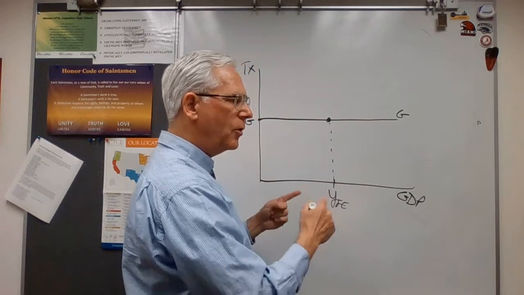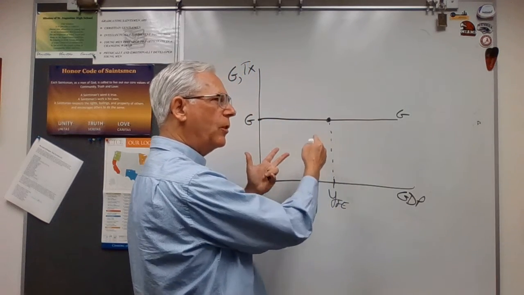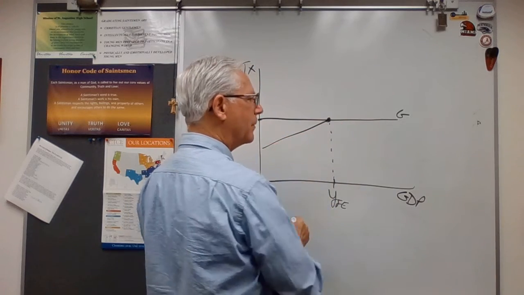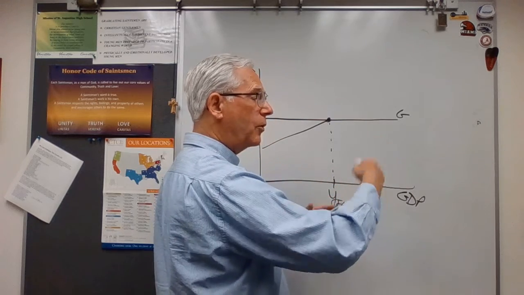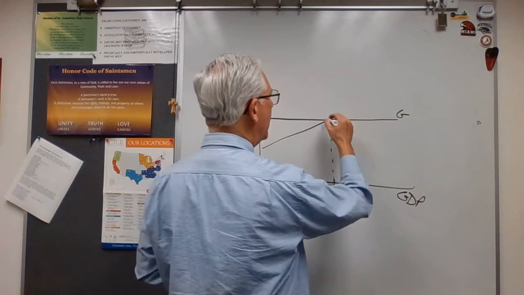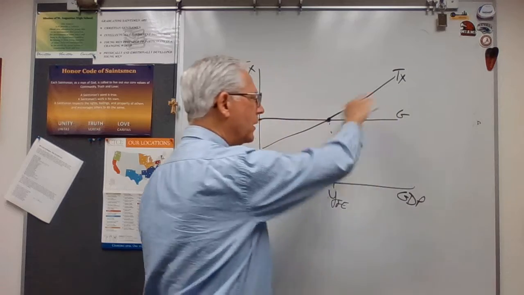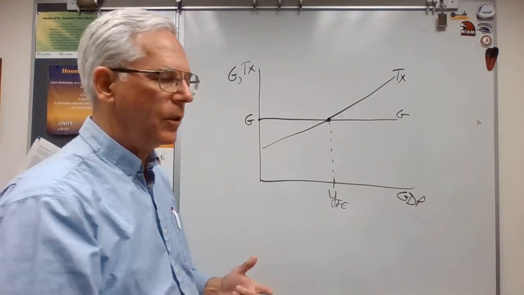But since taxes are tied to your income, at lower income, tax receipts, tax revenues for the government are going to go down. And at higher levels of income, tax receipts are going to increase because people are paying more taxes. Their income's greater, their taxes are more, and government collects more taxes. So that line represents the amount of tax revenues that government takes in.